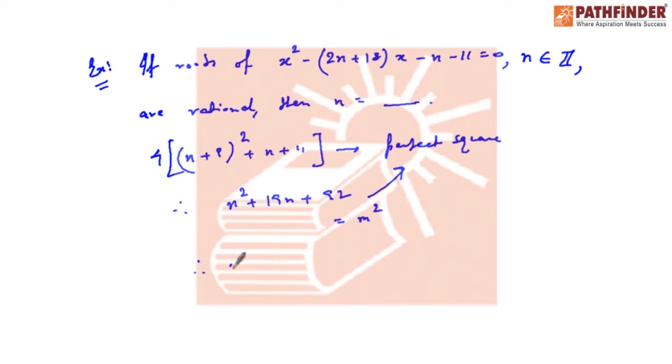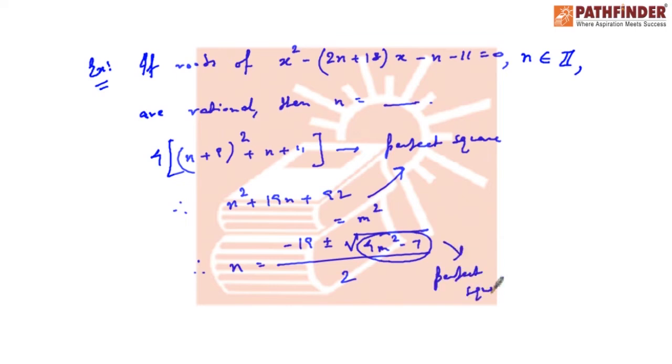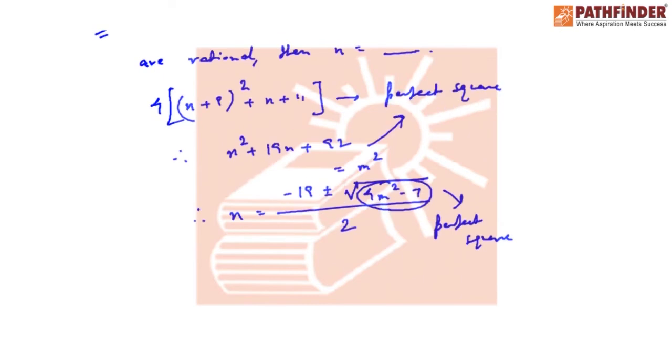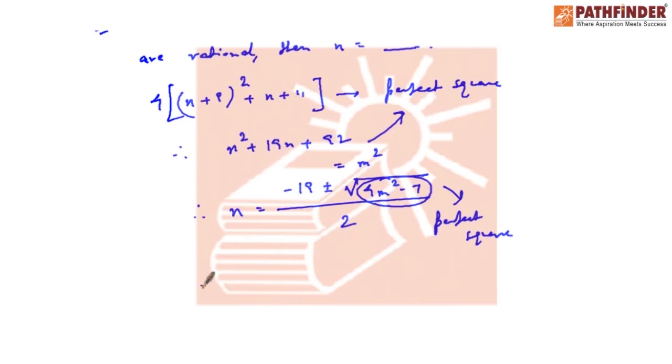So assume this to be equal to some m square. Now this means solving, we get n equal to minus 19 plus minus root over 4m square minus 7 divided by 2, and here again this must be a perfect square, 4m squared minus 7. So therefore 4m square minus 7 should be a perfect square, implies this should be equal to p squared.